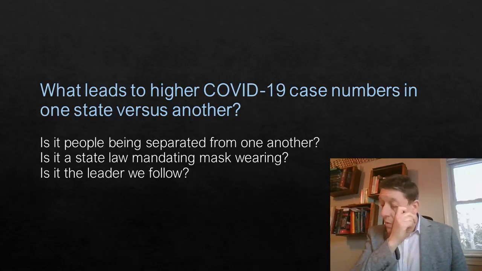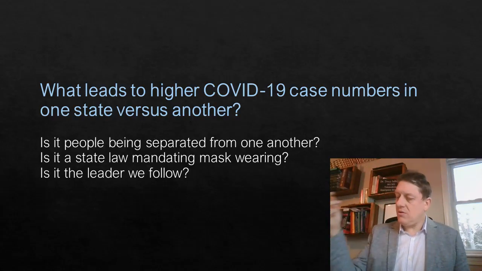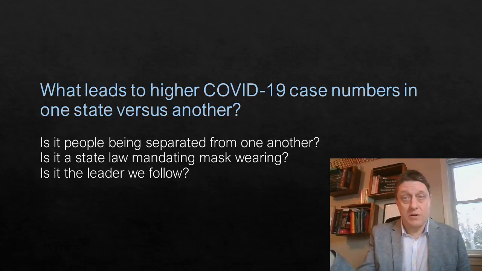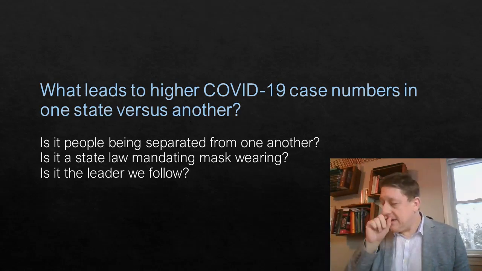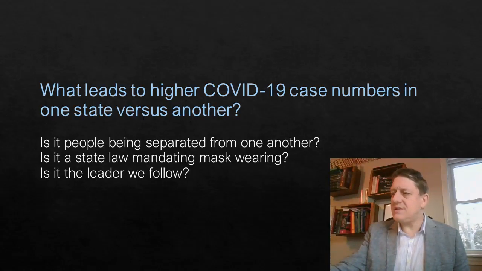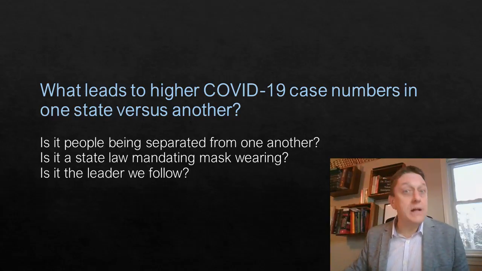So for that last variable, we could think about the percent of people in a state who voted for Donald Trump in 2020. And that might be seen as a good indication of whether that state has a concentration of people who are followers of former President Donald Trump.